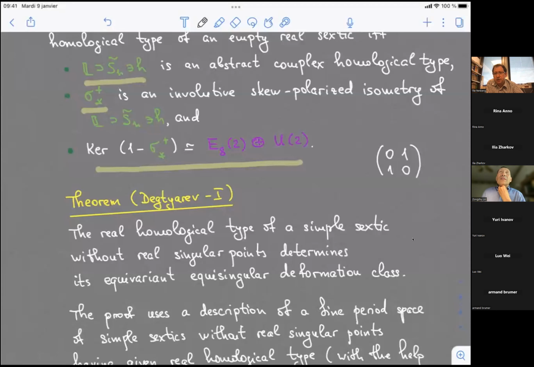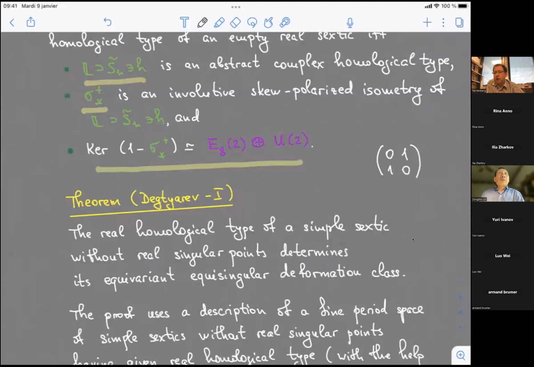If I consider the sublattice generated by the exceptional divisors in our minimal resolution and the polarization, the pullback of a line, then this lattice is not necessarily primitive in the K3 lattice. The quotient can have torsion, so I take the primitive hull.